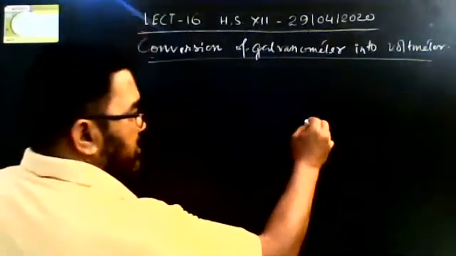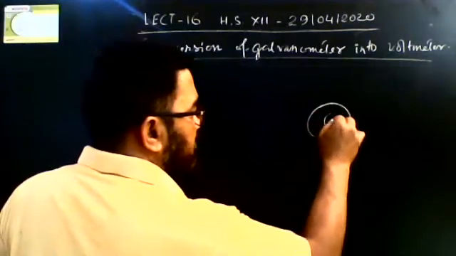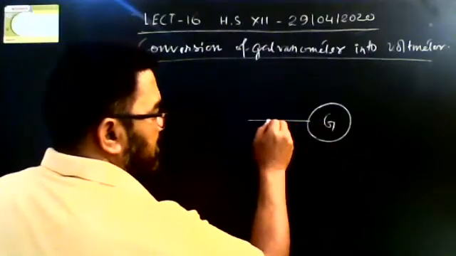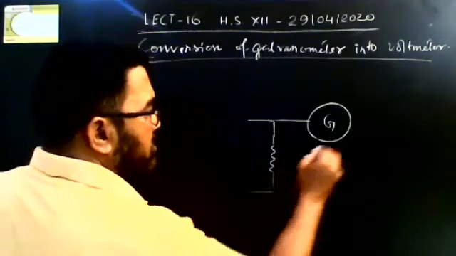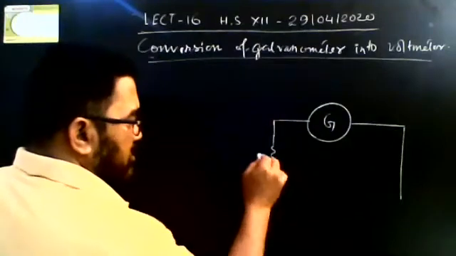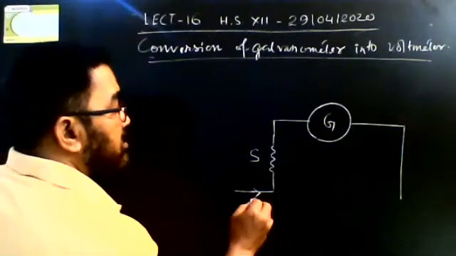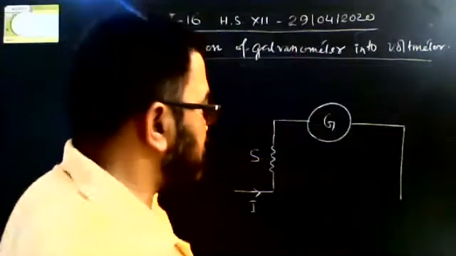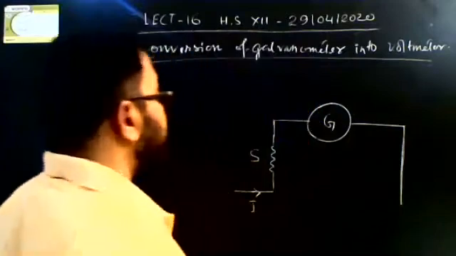So let us see, the galvanometer is connected like this, and one resistance S is connected in series. I is the current which is passing through the galvanometer.